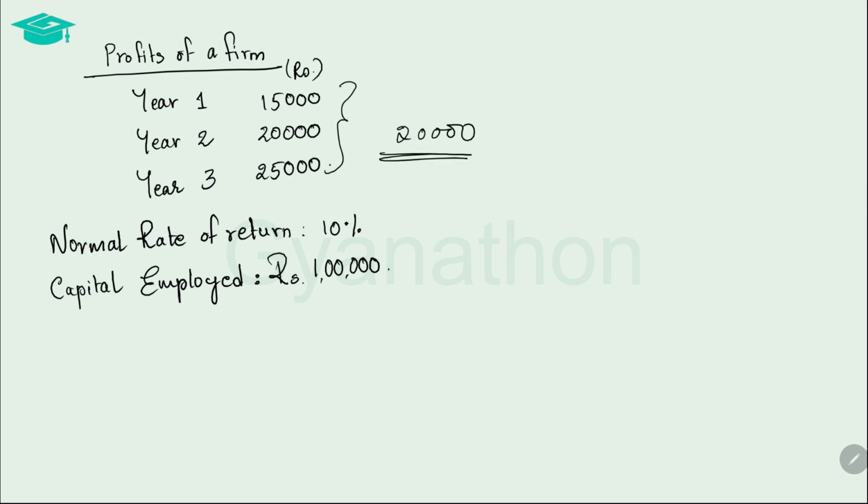The capitalized value of average profit is 20,000 into 100 divided by 10, that is the normal rate of return, is equal to 2 lakhs. The goodwill is calculated as 2 lakhs minus 1 lakh, that is rupees 1 lakh.